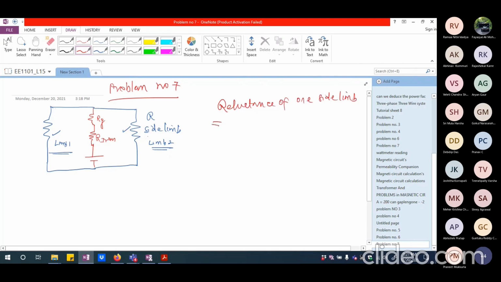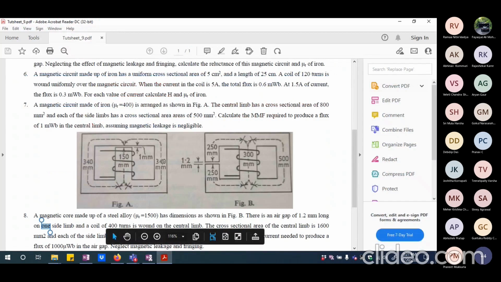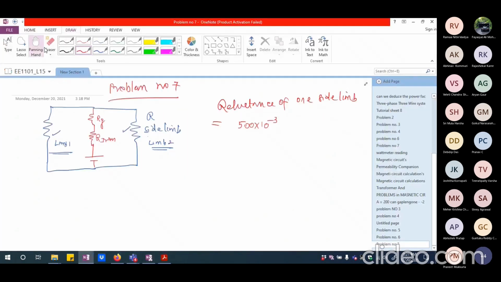This is 340 and this is also 340, and the cross-sectional area is 500 mm square. So I'm writing L by mu naught mu R A.